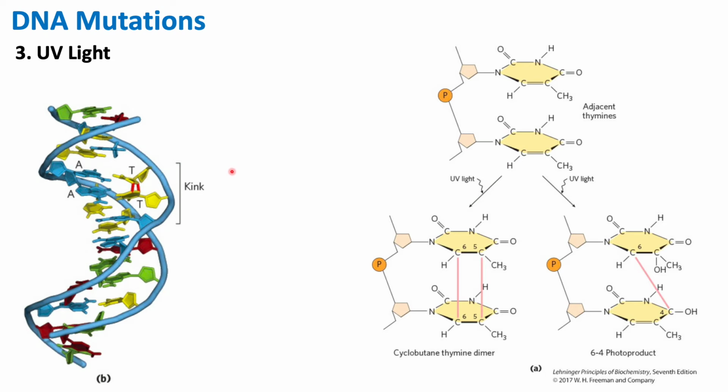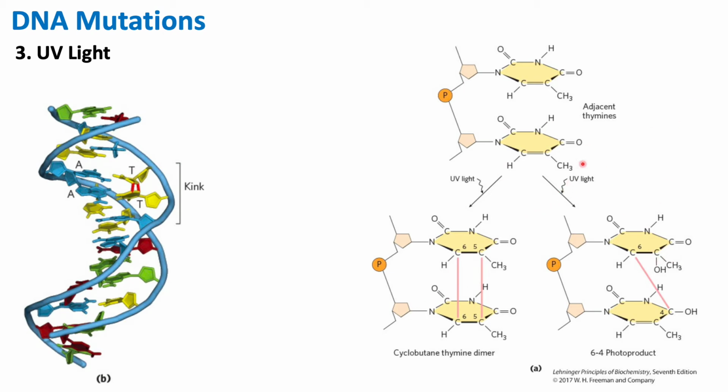The third mutation that can occur in DNA is due to UV light, and we hear this all the time, to always wear sunscreen to protect against the damage from the sun. So here, what happens exactly, specifically in this example, is that whenever we have adjacent thymines within our DNA, and those adjacent thymines are exposed to UV light, we get 2 products.